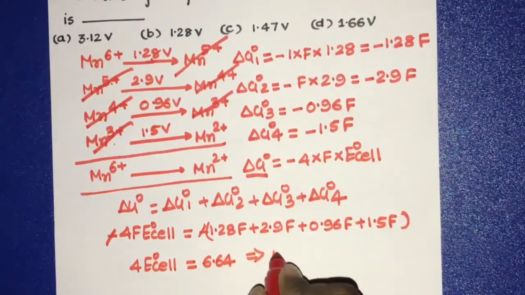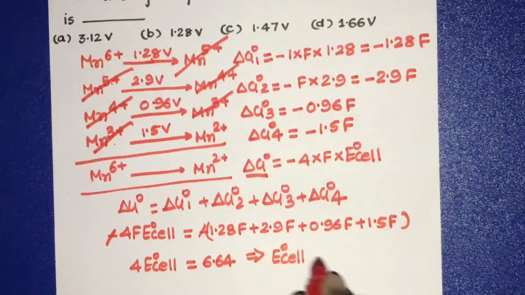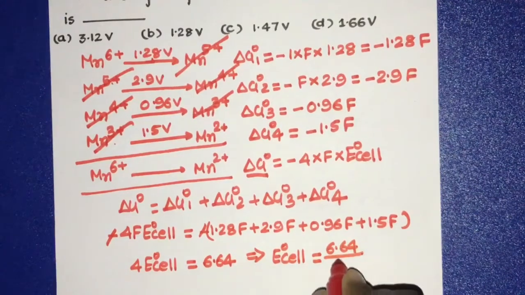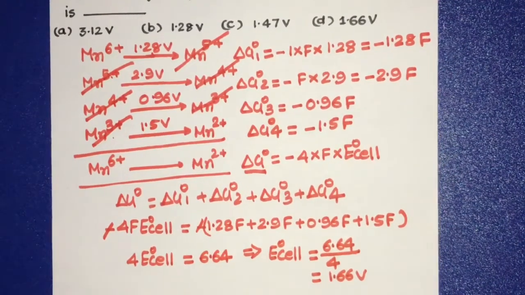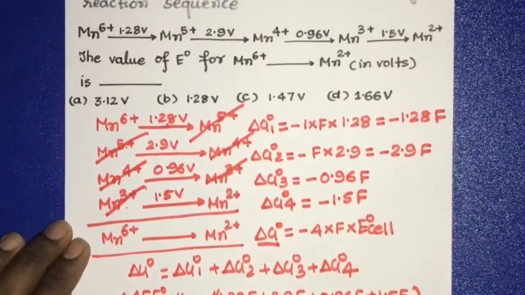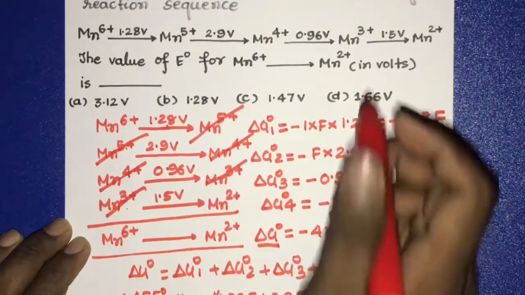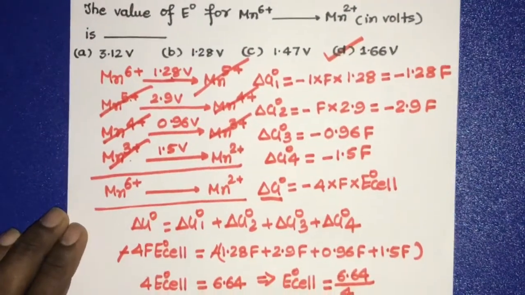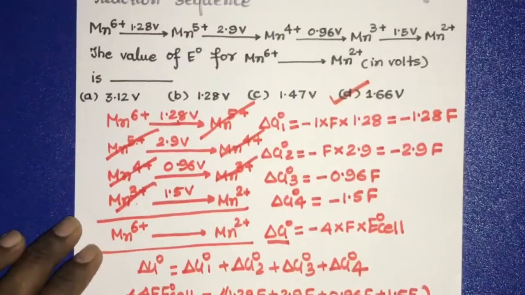So E naught cell value is 6.64 divided by 4, which is 1.66 volt. So for this particular reaction, the E naught cell is equal to 1.66 volt. That is the correct answer.